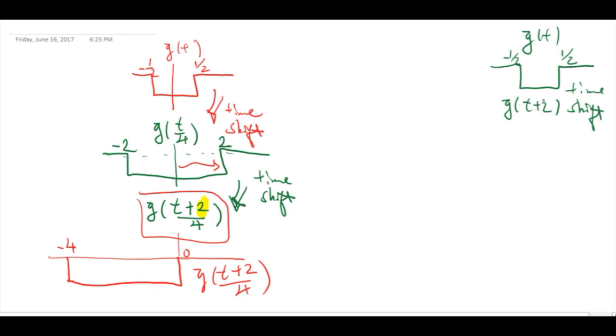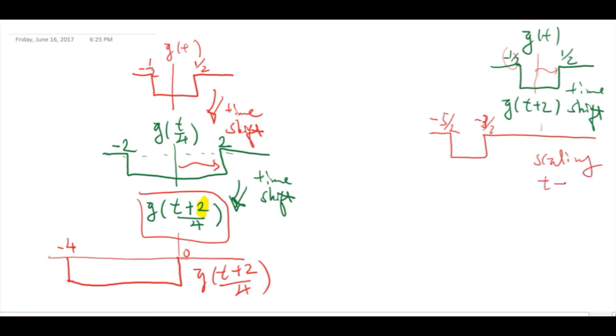So that means we are going to move the axis in this direction by 2. This one will become minus half plus 2, so the waveform is something like that. This one will become minus 5 over 2, and this one becomes minus 3 over 2.